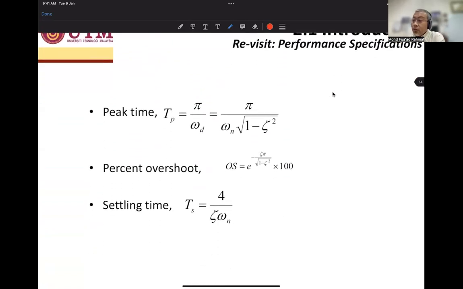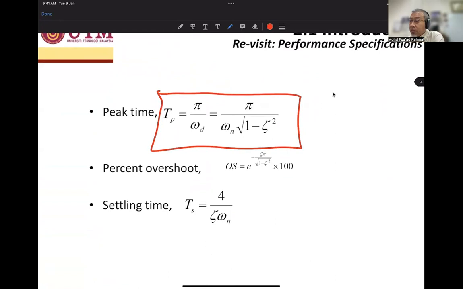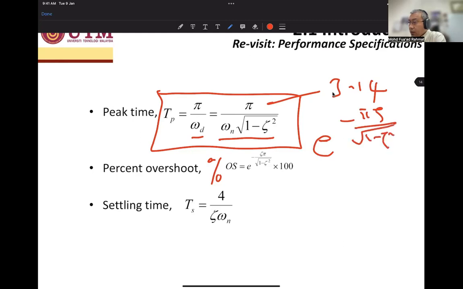And for peak time, usually we use a formula. For the second order system, you can remember this formula. Peak time is equal to pi divided by omega d. Pi is 3.14, and omega d is omega n times the square root of 1 minus zeta square.